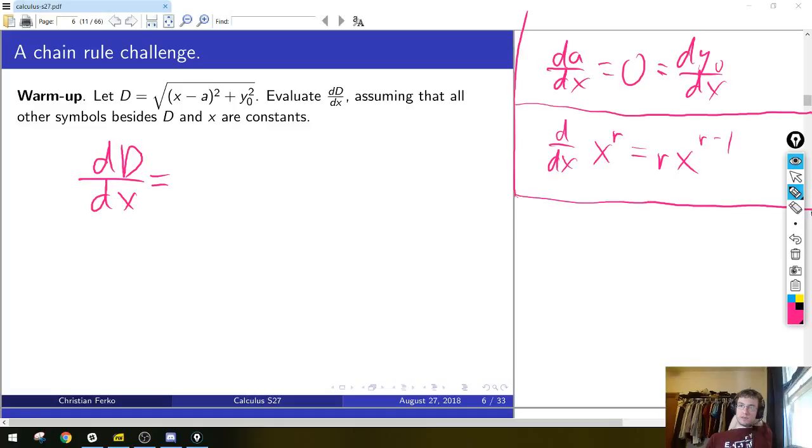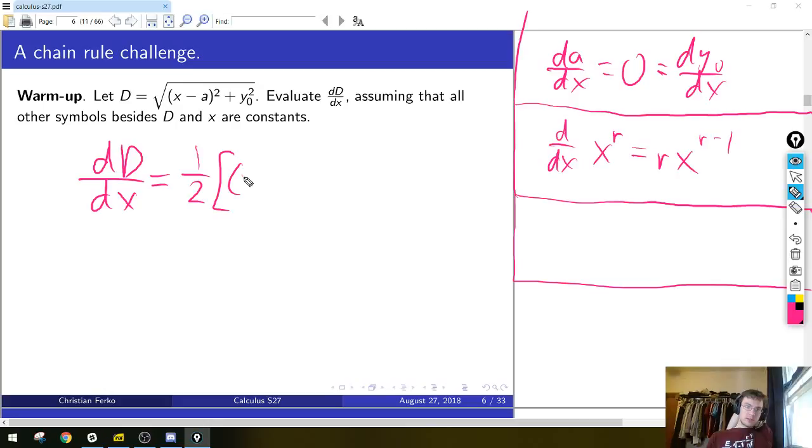So we've actually proved this for all real numbers. So I guess we have that the derivative of x to the power of 0.5 is 0.5 times x to the power of negative 0.5.